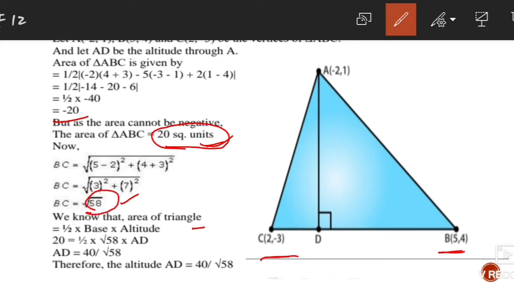So if you put these values in this equation, you will get the length of AD. So 20 is equal to half into root 58 into AD. From here, if you solve, the value of AD will be 40 by root 58 units. In this way you can find the length of the altitude.